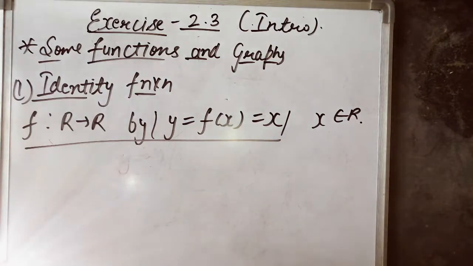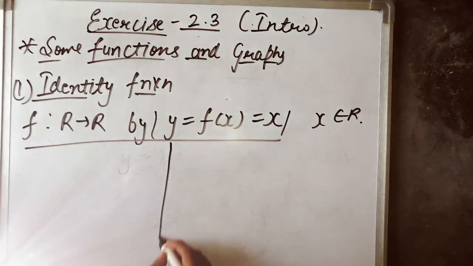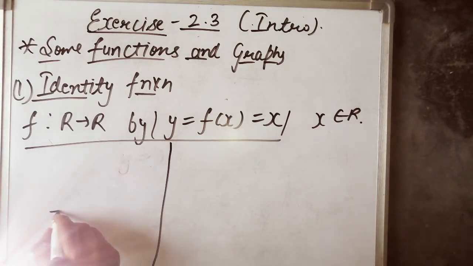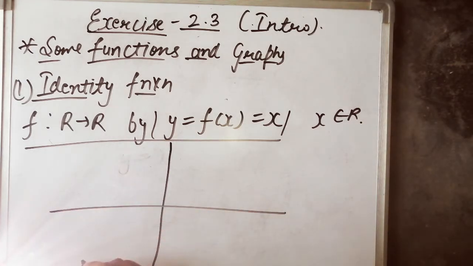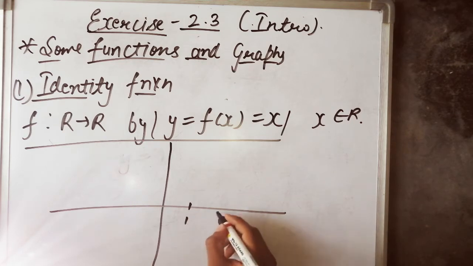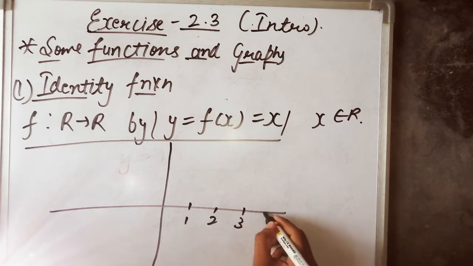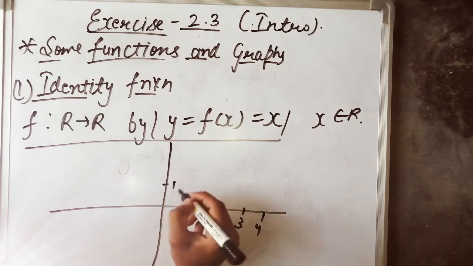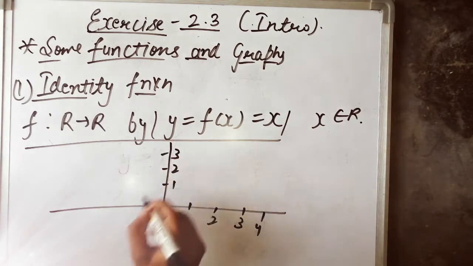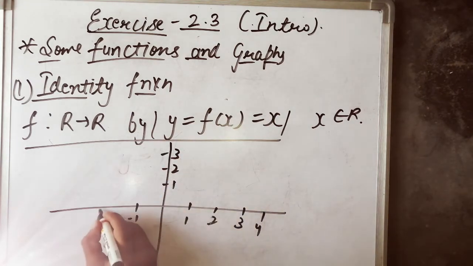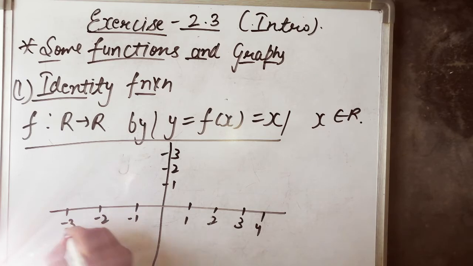It gives us the same value again and again, and its graph will be drawn like this. Let's say 1, 2, 3, 4, and -1, -2, -3. I'm roughly drawing here -1, -2 and -3.